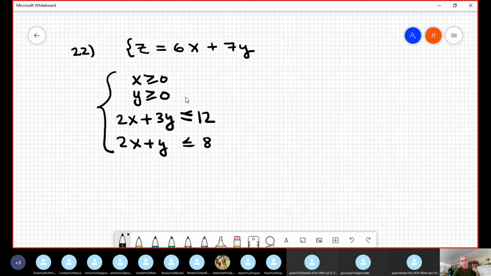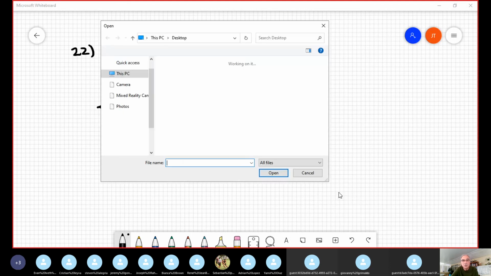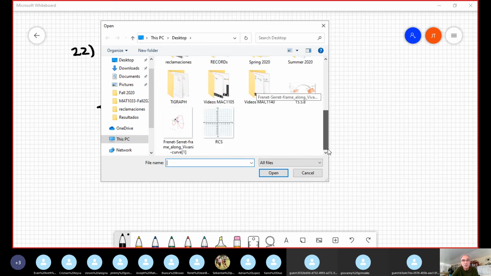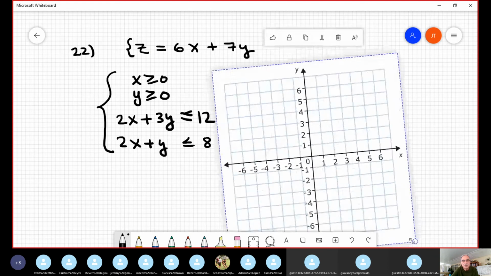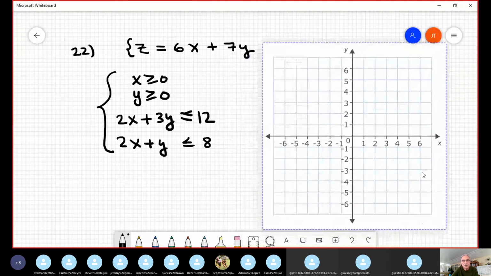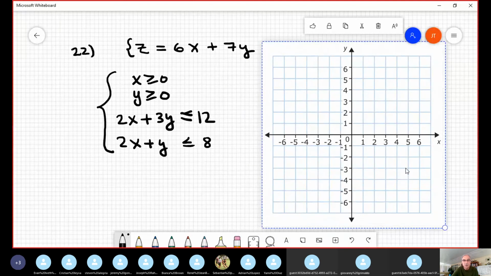Okay, so we start with the constraints. Let me try. This is my paper. Okay.